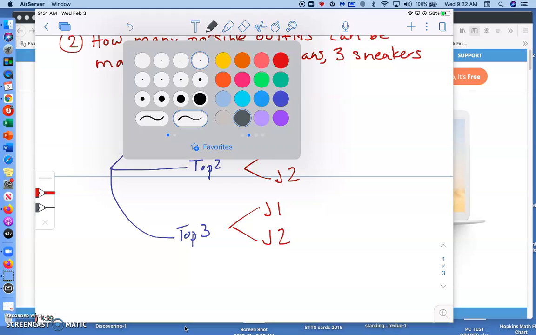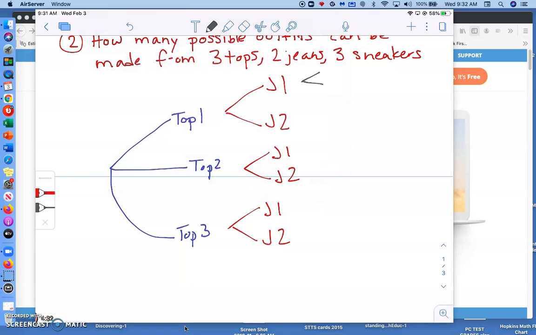And so this is where, again, off of these jeans here, we have sneaker 1, sneaker 2, sneaker 3, sneaker 1, sneaker 2, sneaker 3. So off of each of these, and I might not fill in all of them right here, but all of these would have S1, S2, S3.